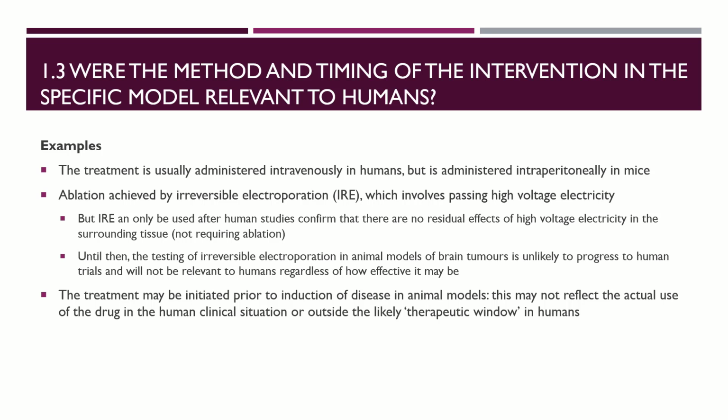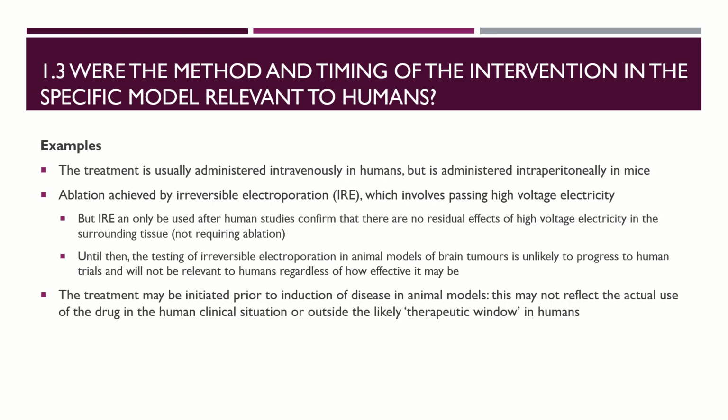This can be done only after human studies confirm that there are no residual effects of high voltage electricity in the surrounding tissue, not requiring ablation. Until then, testing of irreversible electroporation in animal models of brain tumors is unlikely to progress to human trials and will not be relevant to humans, regardless of how effective it may be.